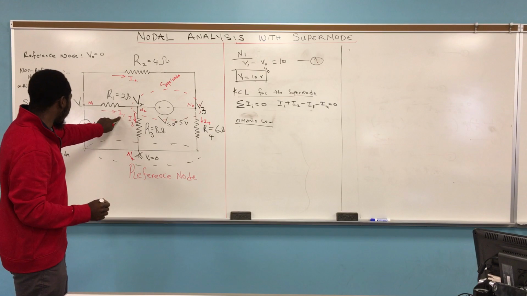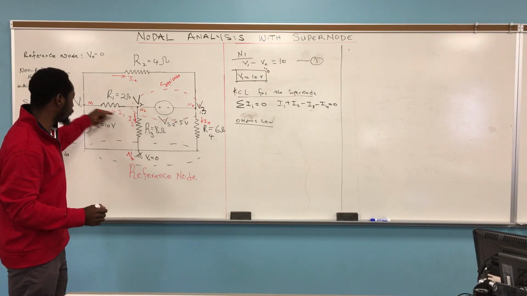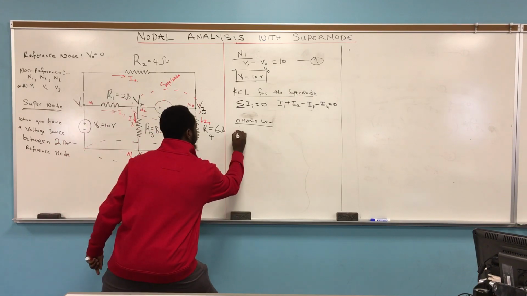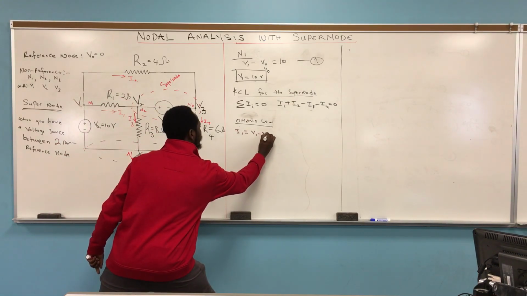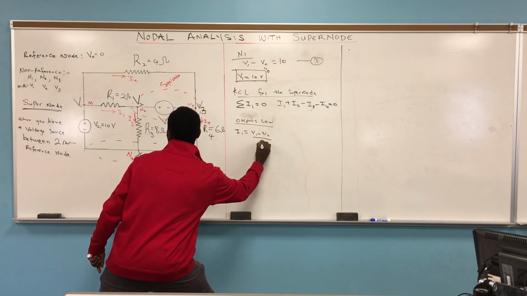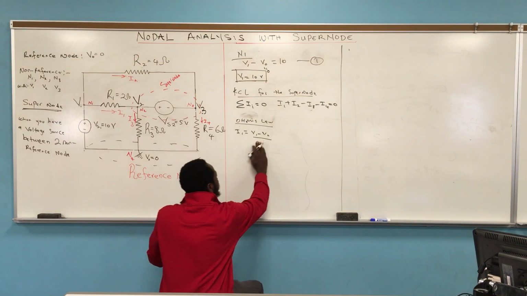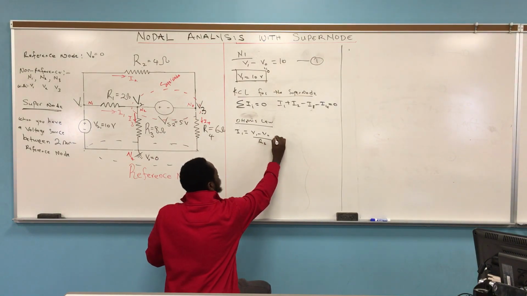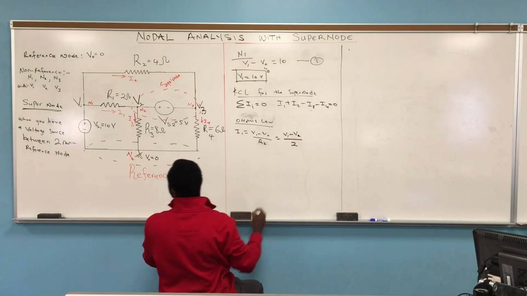So the current I1 will be the voltage drop, which is this minus this because it's flowing this way. So I1 is V1 minus V2 divided by 2.